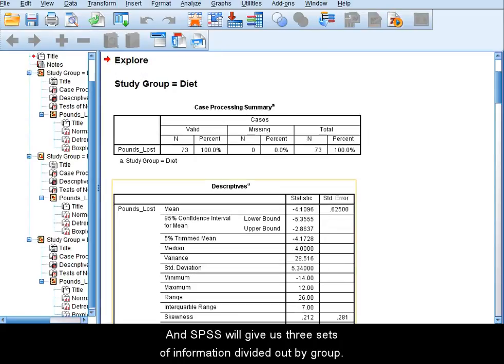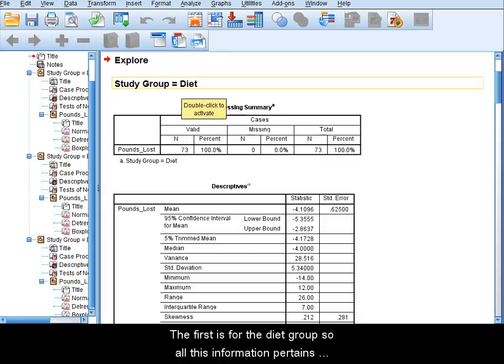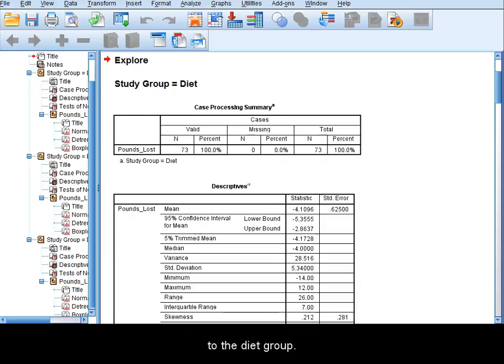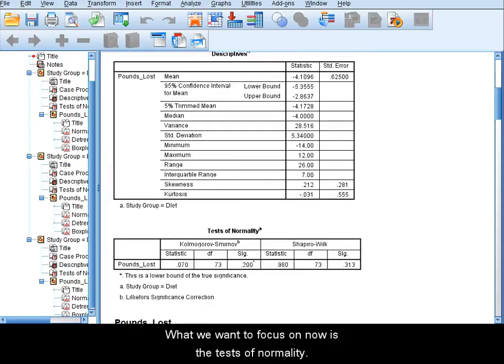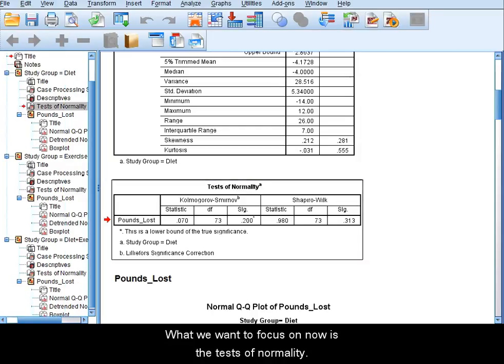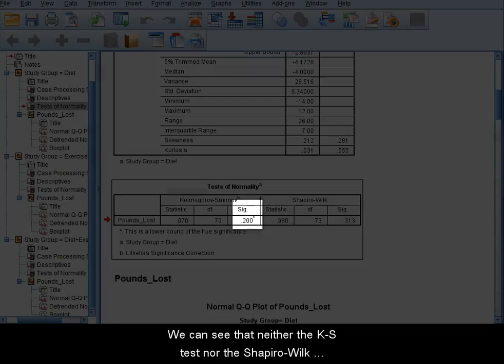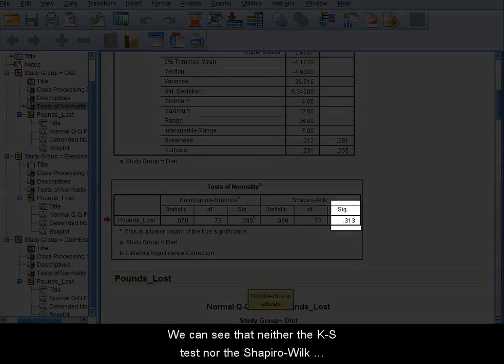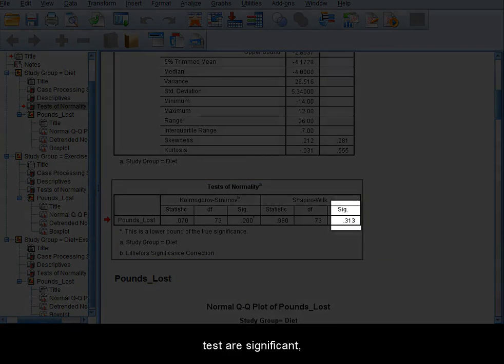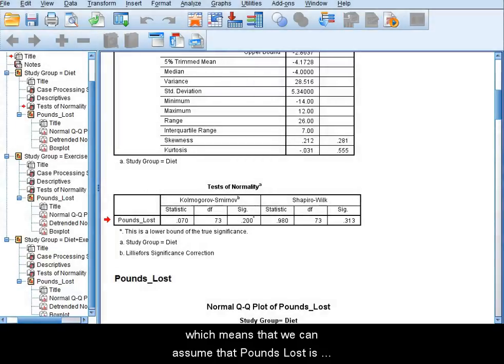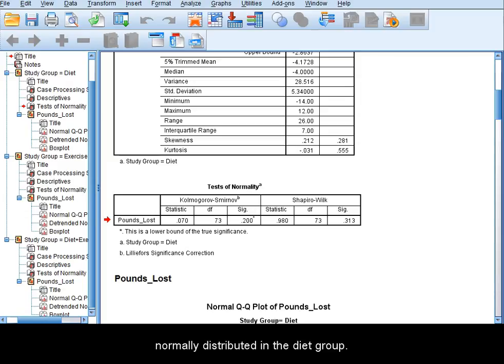And SPSS will give us 3 sets of information divided out by group. The first is for the diet group, so all of this information pertains to the diet group. What we want to focus on now is the tests of normality. We can see that neither the KS test nor the Shapiro-Wilk test are significant, which means that we can assume that pounds lost is normally distributed in the diet group.